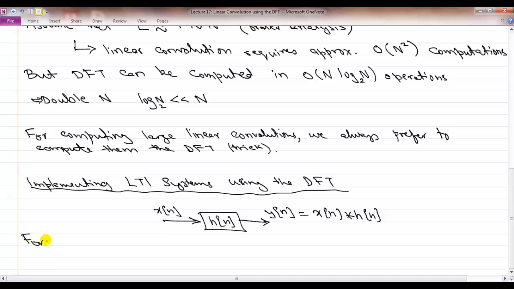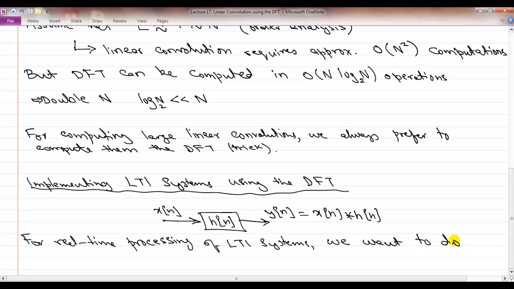So for real-time processing of LTI systems, we want to do block processing, which effectively means we divide our input into small chunks and then process each chunk using DFT, and then process those chunks appropriately so that we get the output as if we were doing the DFT on the whole sequence.